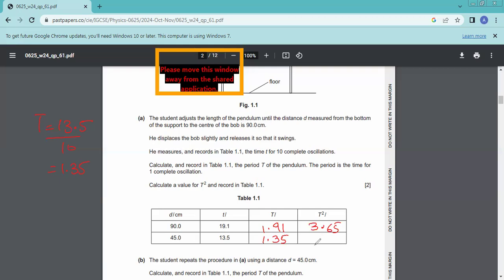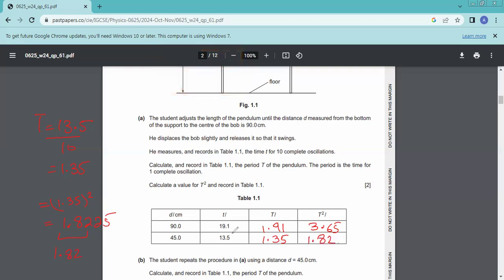Taking the square, 1.35 squared is equal to 1.8225, but taking the value to three significant figures, it is 1.8. Now we have found the values and calculated the period of the pendulum, so we have completed this table.